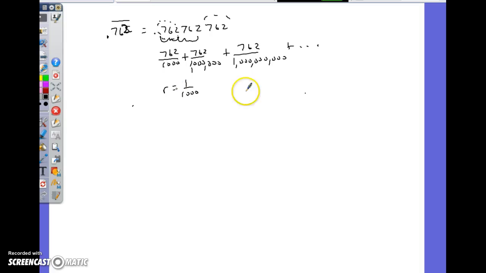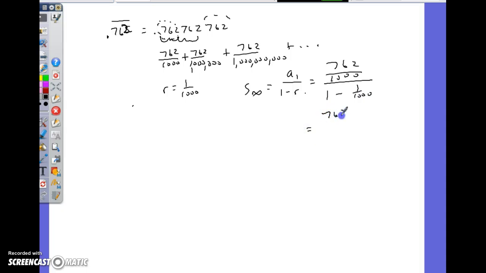Since it's less than 1, what I can do is write the sum of the infinite series, which is infinite because it's repeating forever, as a1 over 1 minus r, which is equal to 762 over 1,000 divided by 1 minus 1 over 1,000.